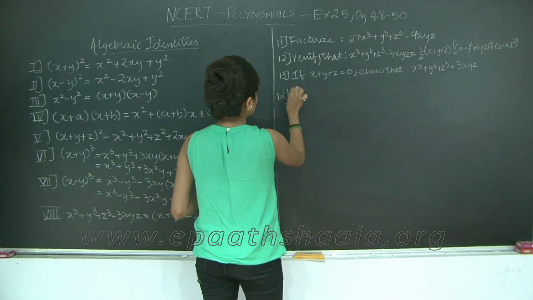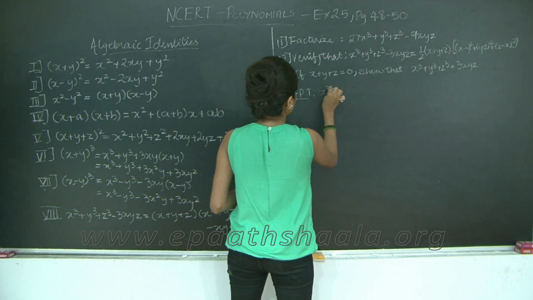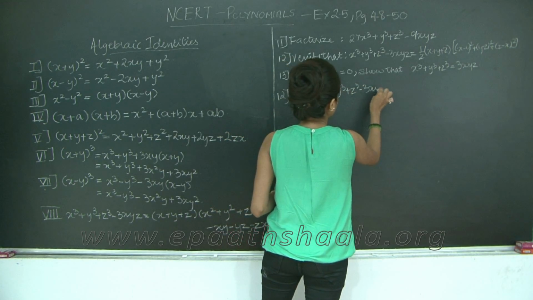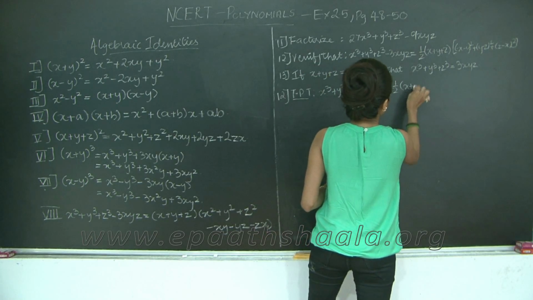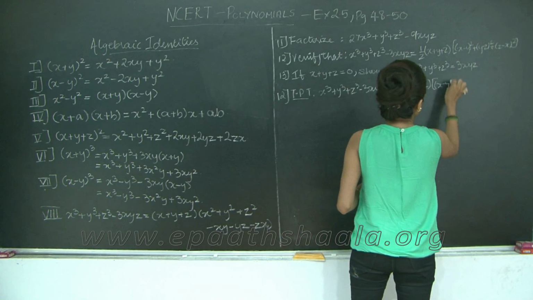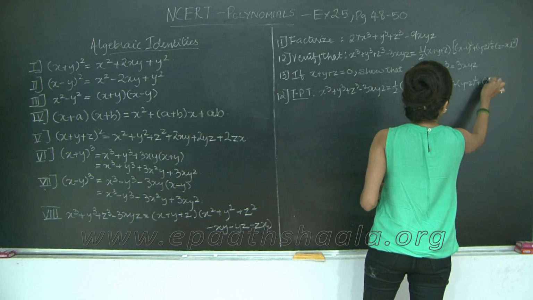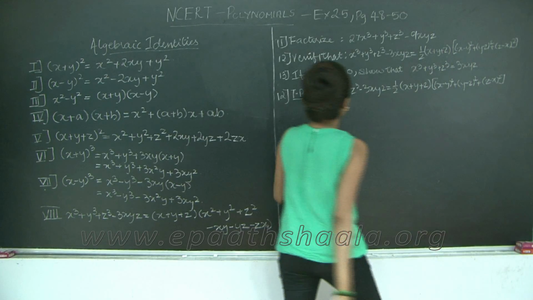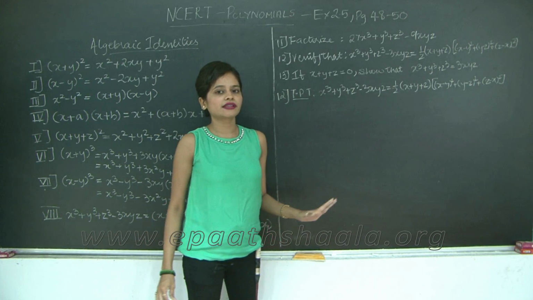I need to verify, so I'm just going to say to prove that x cube plus y cube plus z cube minus 3xyz is equal to 1 upon 2 into x plus y plus z into x minus y the whole square plus y minus z the whole square plus z minus x the whole square, right. So I am going to solve each of these parts individually, that is the left hand side and right hand side, and then prove that both the sides are equal.